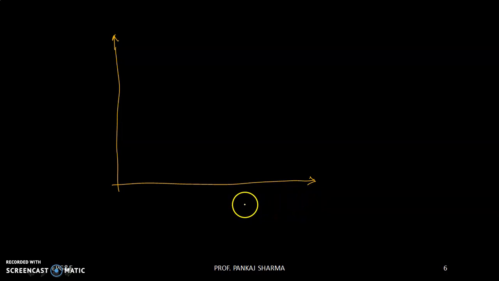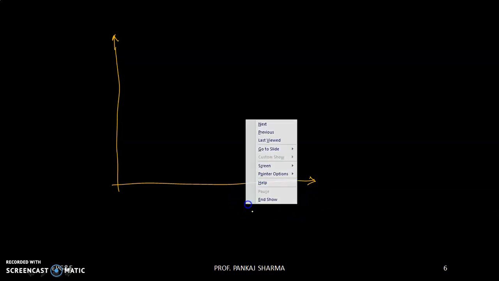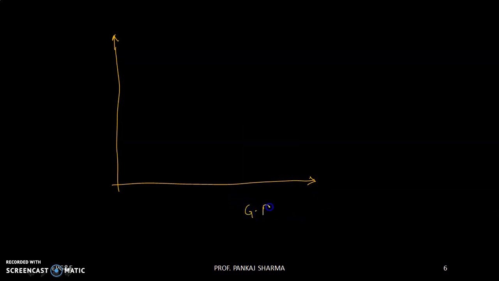So this is your generator power in megawatt, and in the y-axis we have taken heat rate in the unit of mega BTU per megawatt hour.